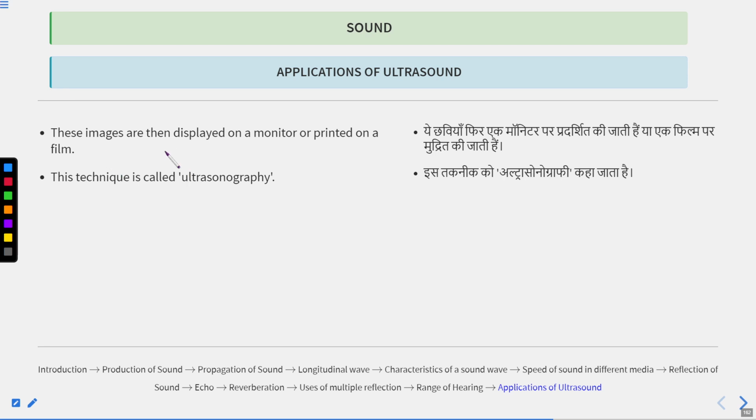These images are then displayed on a monitor or printed on a film. This technique is called ultrasonography.